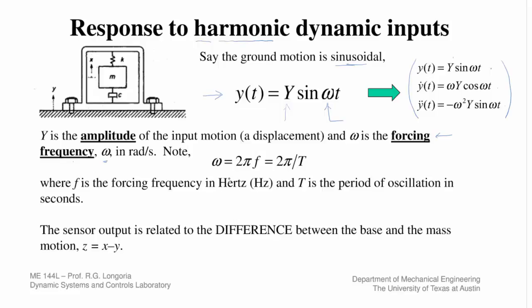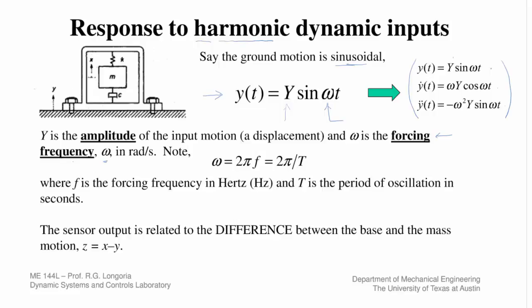Okay. Now, I'm not going to derive in detail the model for this system, but one of the first steps in a basic vibration model is you identify that the sensor output, what you're measuring, is the deflection between the mass and the case, which is what's moving.